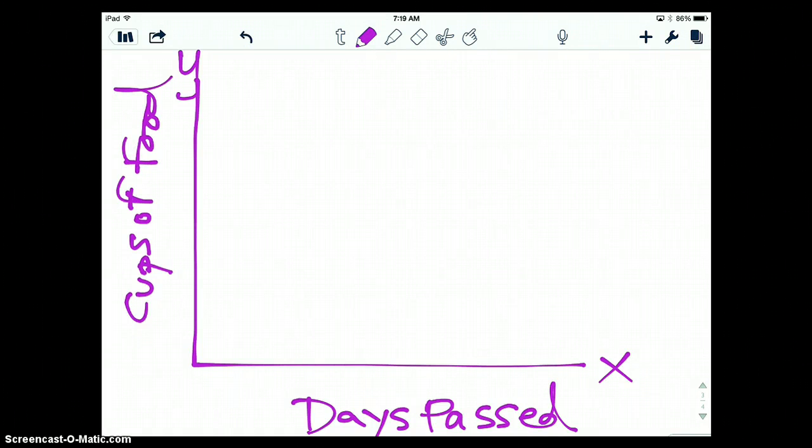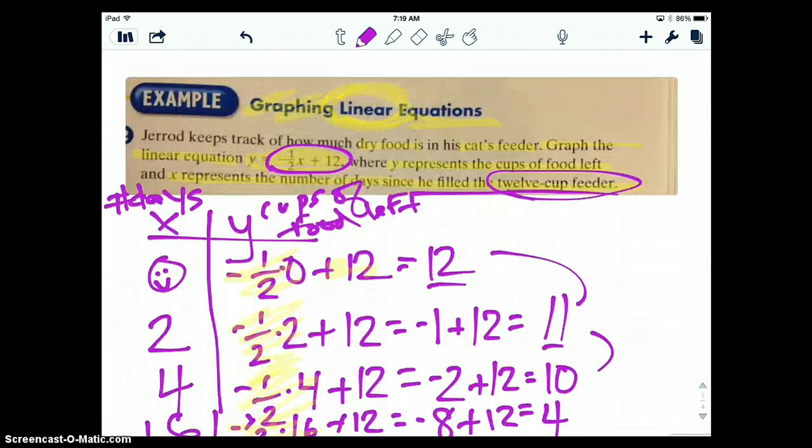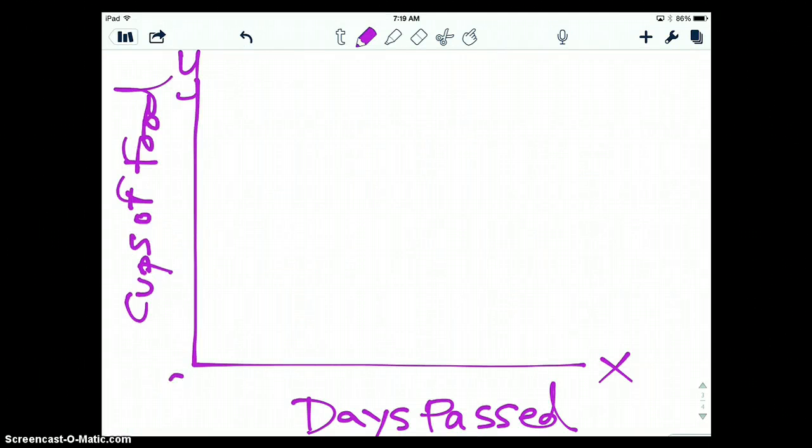And now we need to figure out what to go by. So the days passed, the x, well I plugged in all the way up to 16. So I could go by 2s, and if I'm going by 2s, I need to make equal increments. So if I go from here to here, I need to make it about there to there again, which wasn't great.